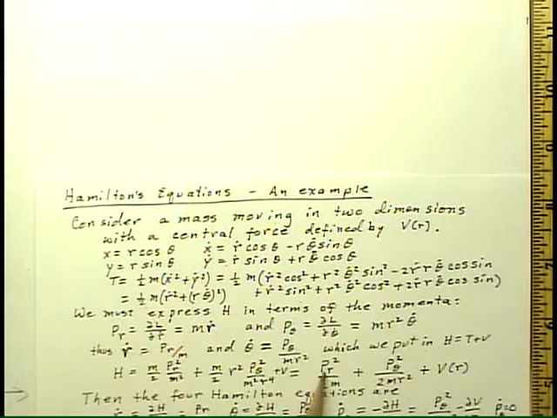One of the m's cancels here, and we get p r squared over 2m, plus, simplifying the second term, we get a cancellation of one factor of m, so we got a 2m. R squared cancels two of the factors of r in the denominator. We get p theta squared, the momentum in the theta direction, divided by 2 m r squared, plus the potential.